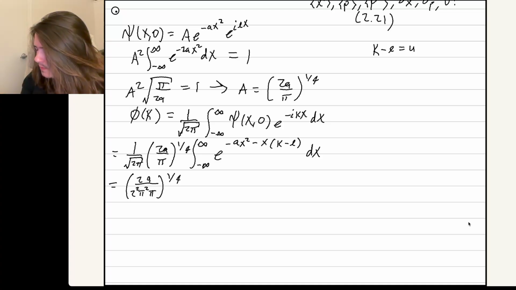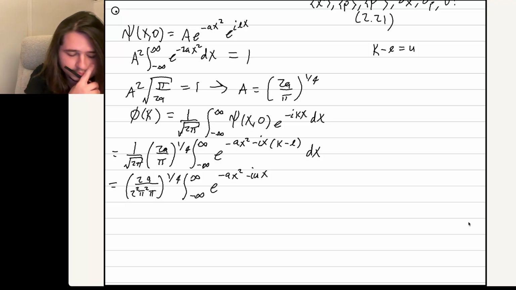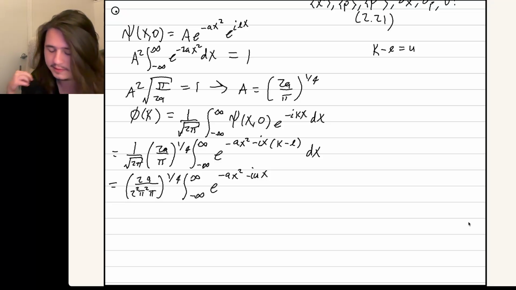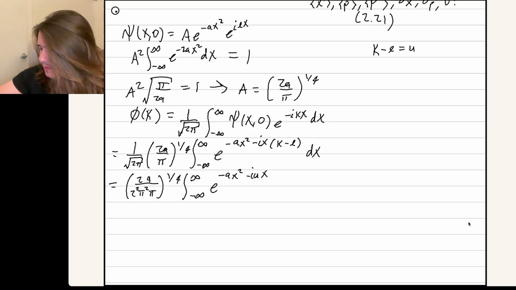And so now I have the integral e to the minus a x squared minus u x, and both of these have i on it, so we need an i here and an i here. Awesome. And then this is something that we did in 221.